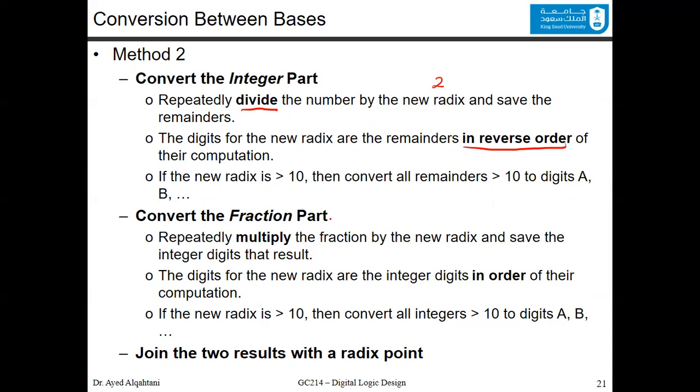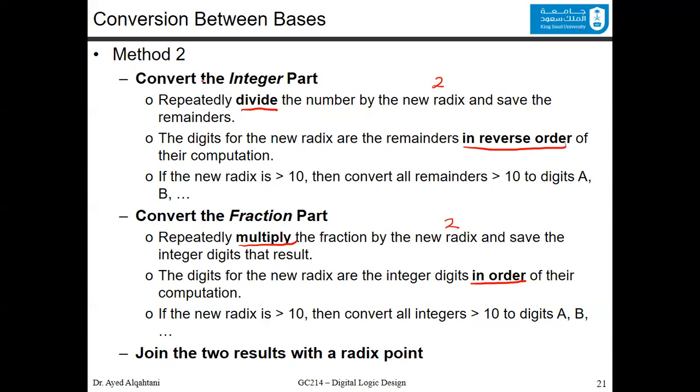For the fraction part, you do actually the easy way, which is you multiply by 2. And then you record the result. After you record the result, you record them in order.